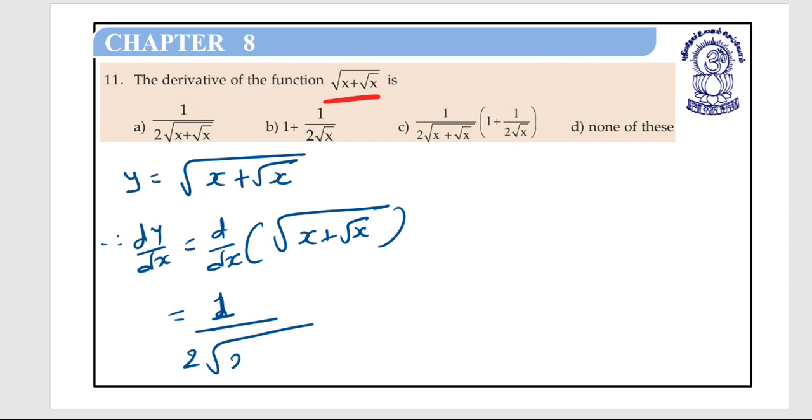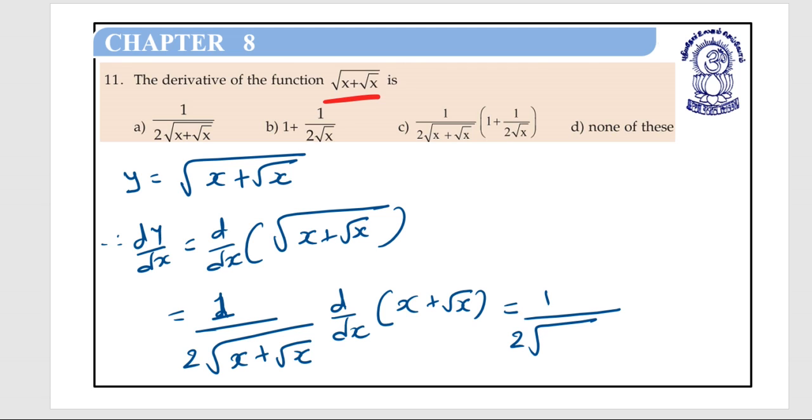So 1 upon 2 under root of x plus under root x, d by dx of x plus under root x. 1 upon 2 under root of x plus under root x, d by dx of x into 1, so it is 1 plus 1 upon 2 under root x. So option C is the right answer.